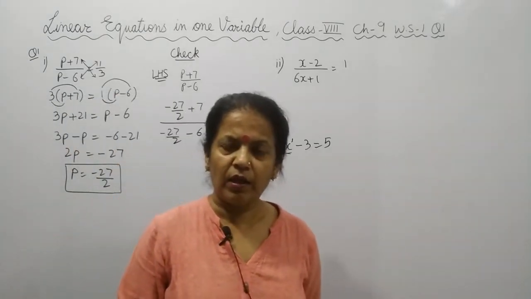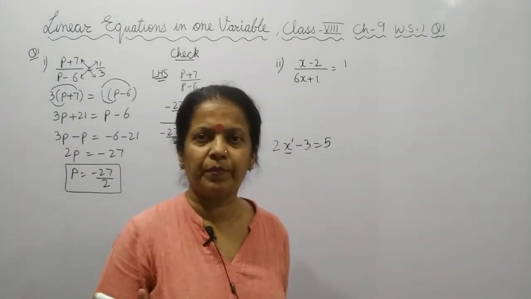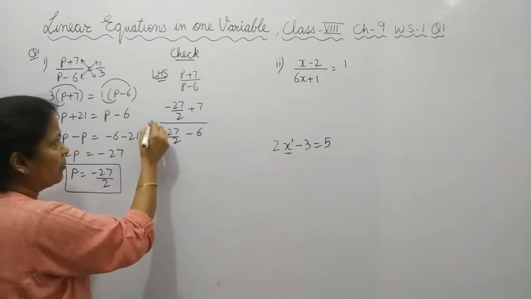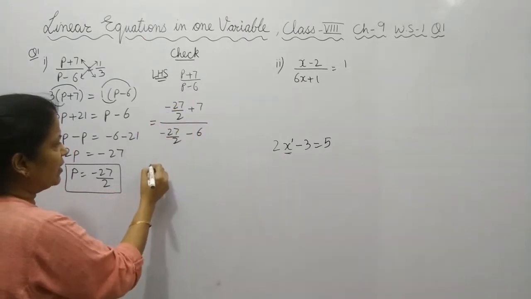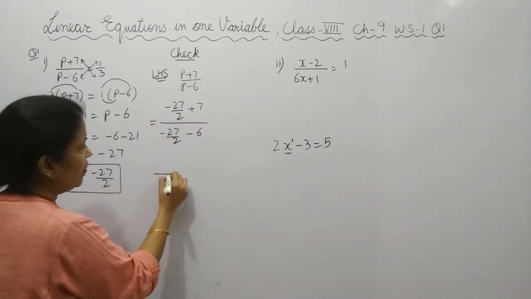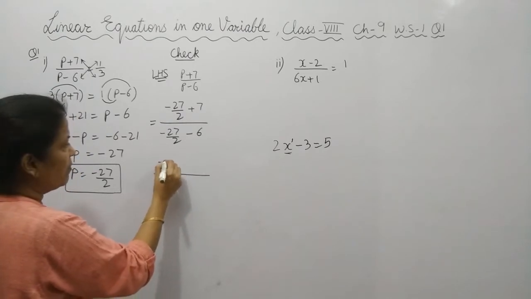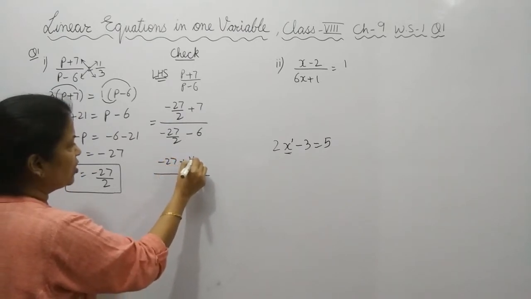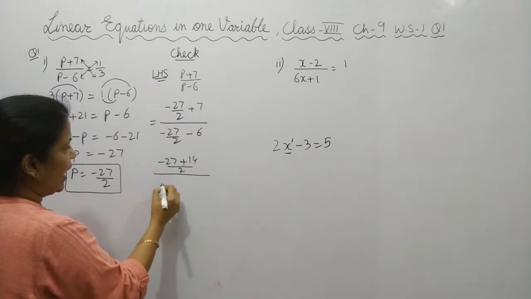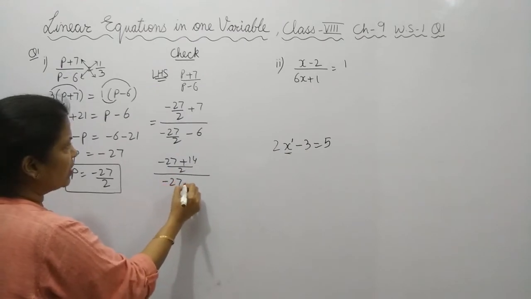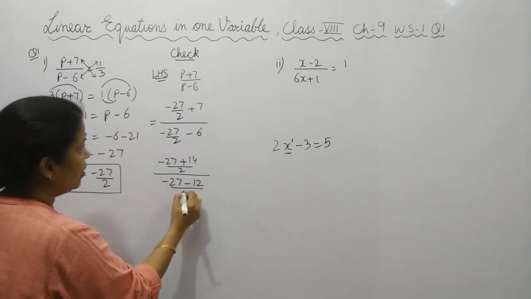Now how will you solve this part? By taking its LCM. If you take its LCM, it will become minus 27 plus 14 upon 2, and here it will become minus 27 minus 12 upon 2.